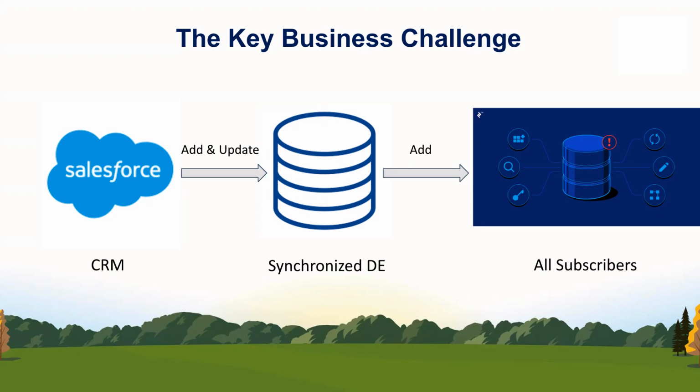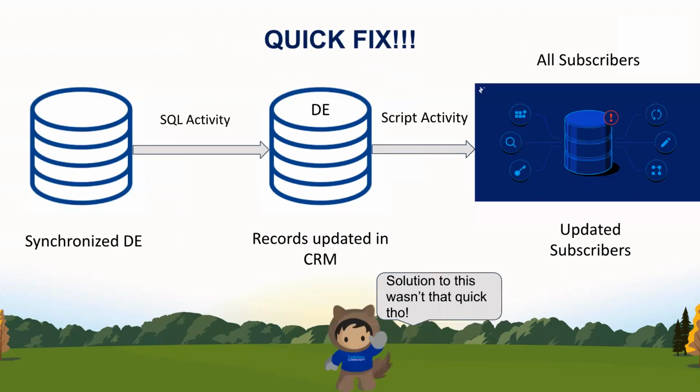So how do we resolve this? We have to do a quick fix in our Marketing Cloud business unit. First, we'll have to identify the records which were changed in the synchronized data extension and All Subscribers. The records which are different in the synchronized data extension and the All Subscribers list, we first identify using the SQL activity, and then we put all those records in a single data extension.